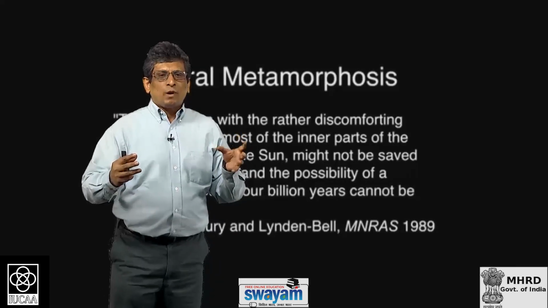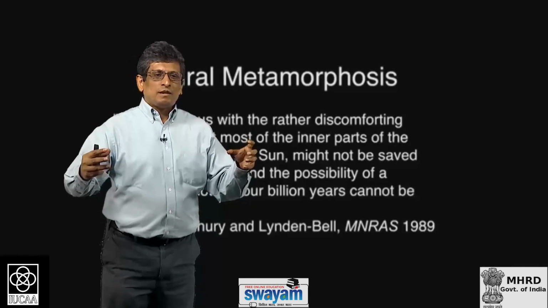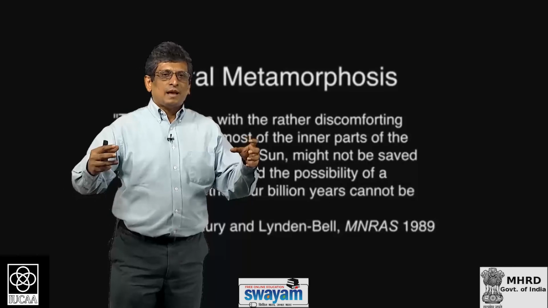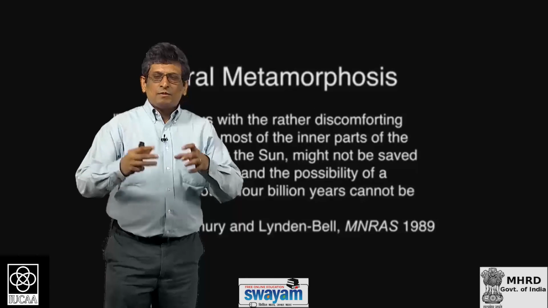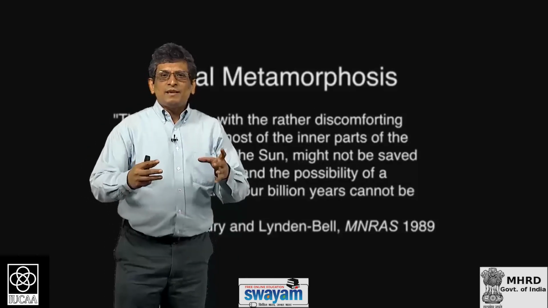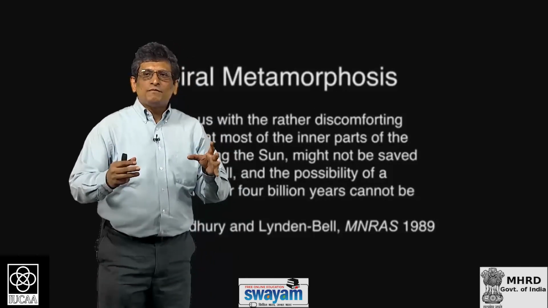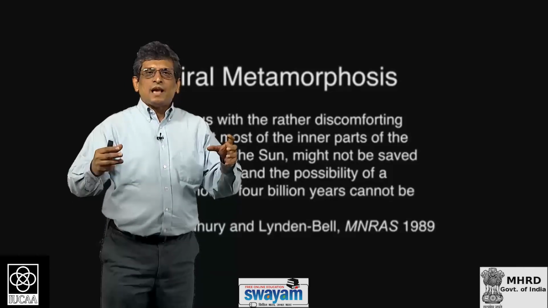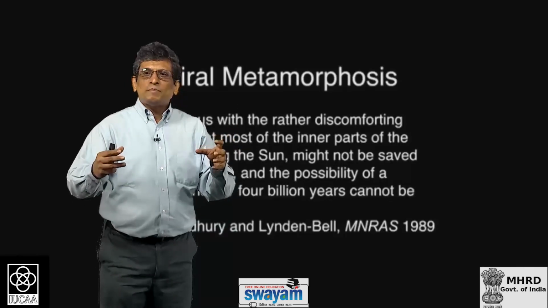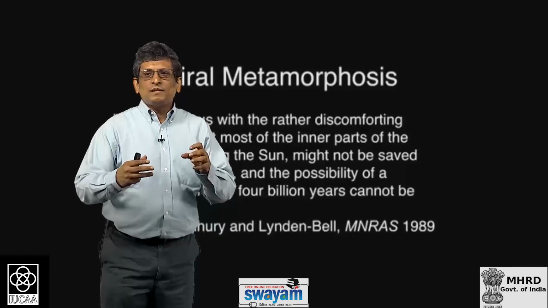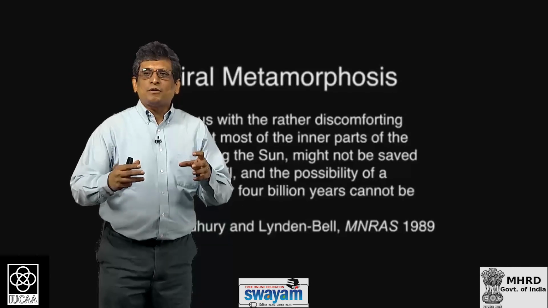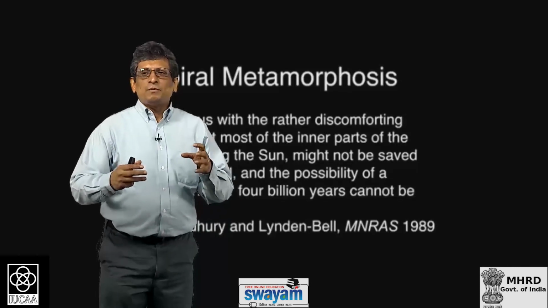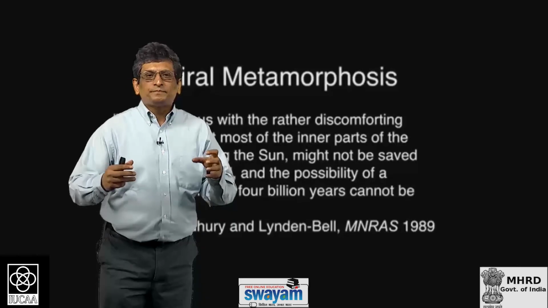But a while ago, I wrote a paper to show that these two galaxies don't have that kind of angular momentum, and they will crash into each other and merge. This is how we ended the paper, by saying that this leaves us with the rather discomforting conclusion that as the two galaxies merge, most of the inner parts of the galaxy, including our Sun, might not be saved from the merger with Andromeda after all, and this merger will happen in another 4 billion years.